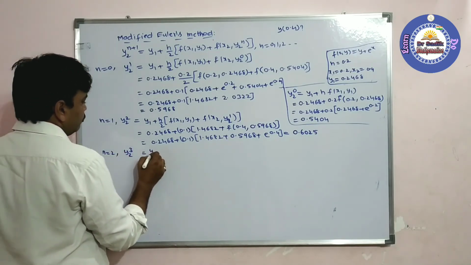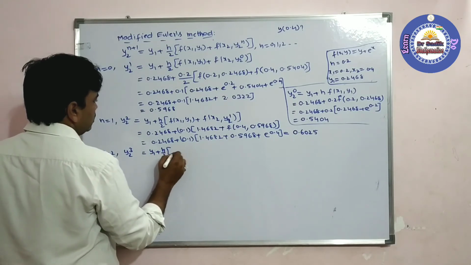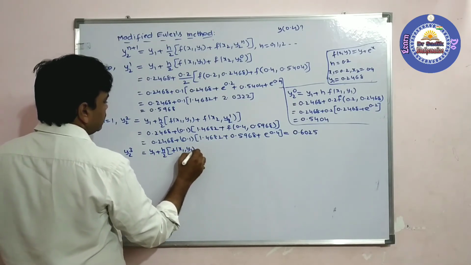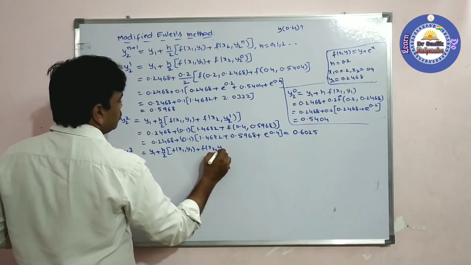So that is equal to y1 plus h by 2 f of x1 y1 plus f of x2 y2 power 2.